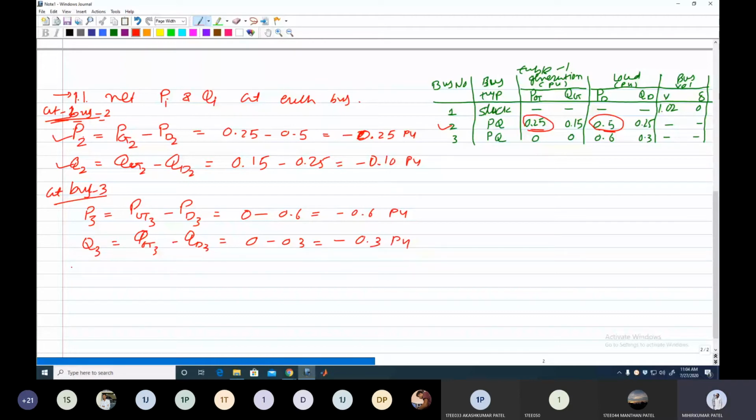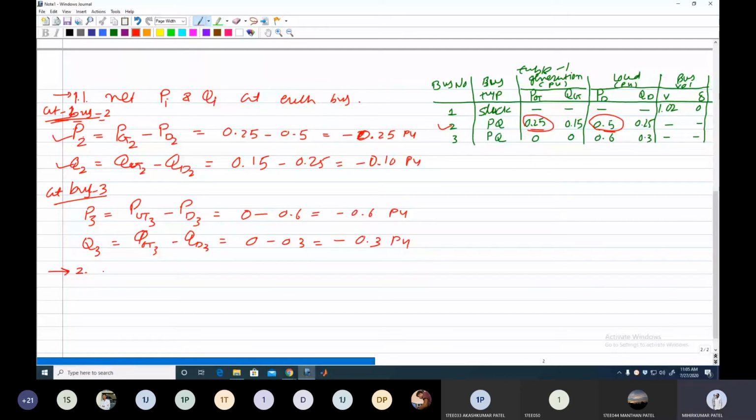Now, second step. What is our step number 2? Step number 2 is selection of slack bus, but it is already given.